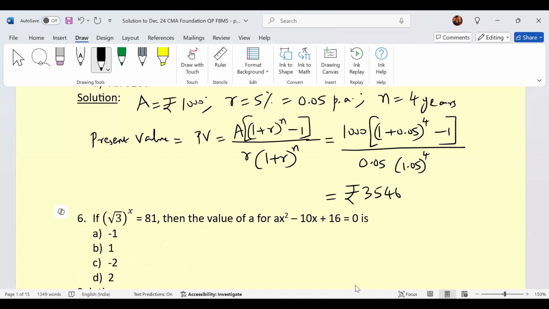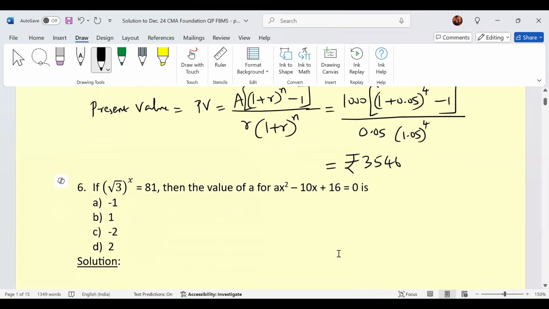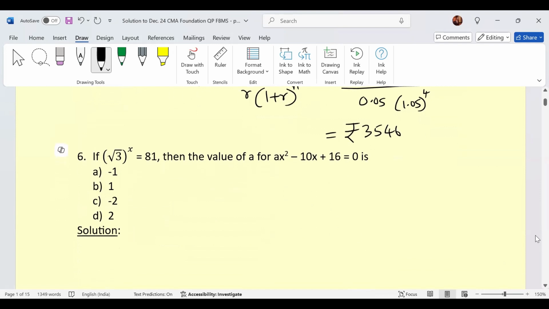If square root of 3 to the power of x equals 81, then the value of a for ax square minus 10x plus 16 equal to 0 is what? So what is given? Square root of 3 to the power of x can be written as 3 power half to the power of x, and that is equated to 81. 81 can be written as 3 power 4.